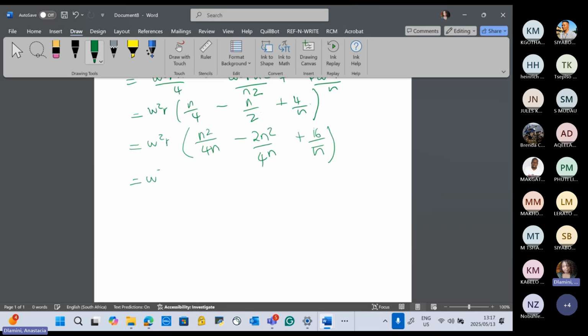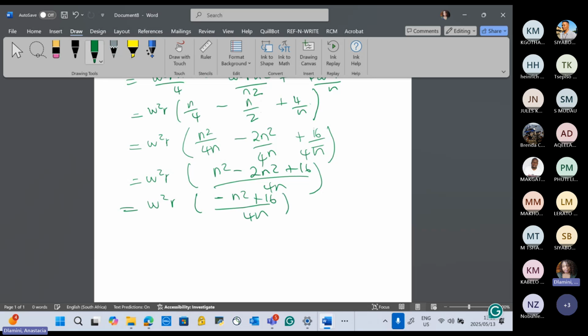So this is equal to w squared r, then n squared minus 2n squared plus 16 over 4n. So this equals w squared r times minus n squared plus 16 over 4n. That's what I get.